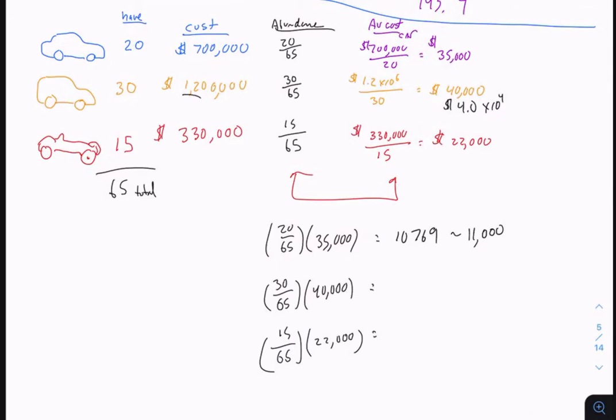So, hey, look at me. All right. 30 divided by 65 times 40,000. 18461. Let's call it 18,000. And then the last one.